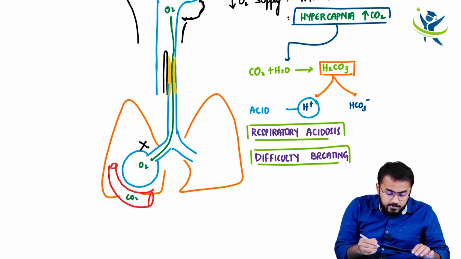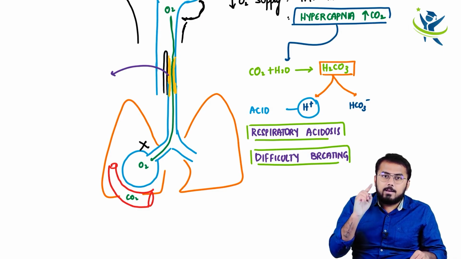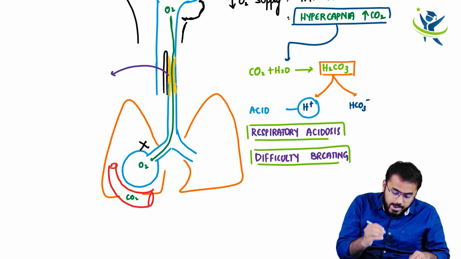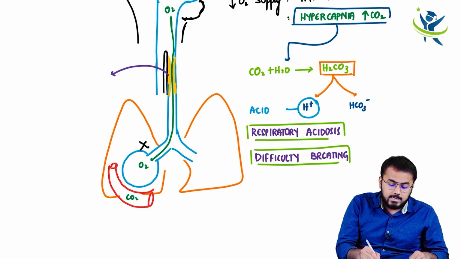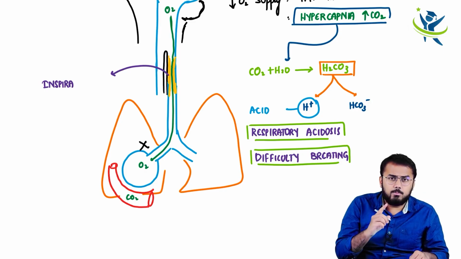This stridor, which you can appreciate exactly here, is happening during inspiration. So I call such stridor inspiratory stridor. So now the patient is having inspiratory stridor. Very important complaint.